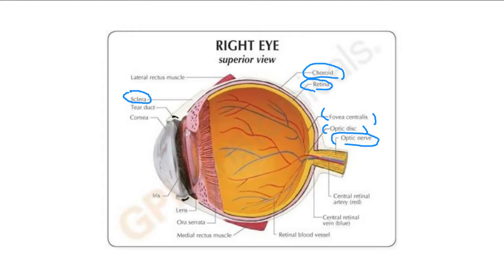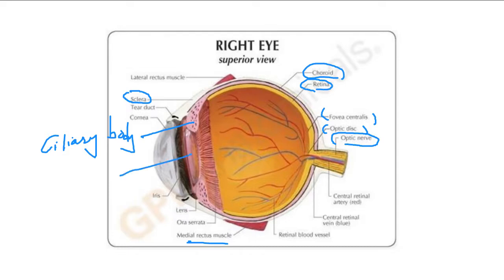And this is the inferior, this is the medial rectus muscle, medially. Then you have your ciliary body. That's your ciliary body. Okay.